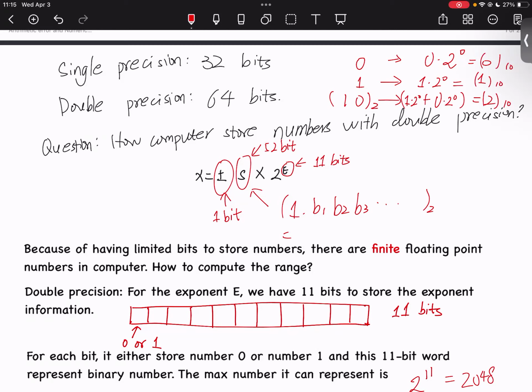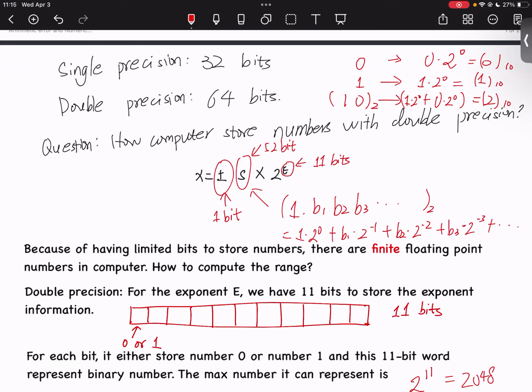But now you have a point here, right? How can we calculate it? It doesn't matter. This is for power 0, and then this is for power -1, -2, -3. So the number here is 1 times 2 to the 0, plus B1 times 2 to the -1, plus B2 times 2 to the -2, plus B3 times 2 to the -3, and so on and so forth.